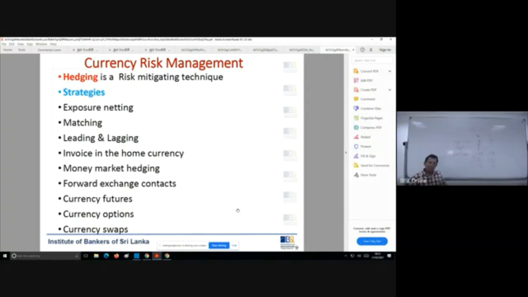You can't eliminate the foreign exchange risk. You can mitigate only, like insurance. There are two types of instrument, generally: internal and external.